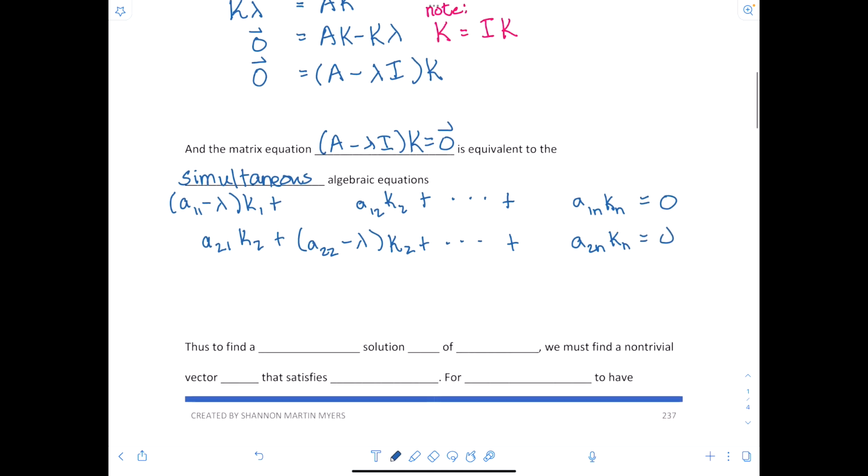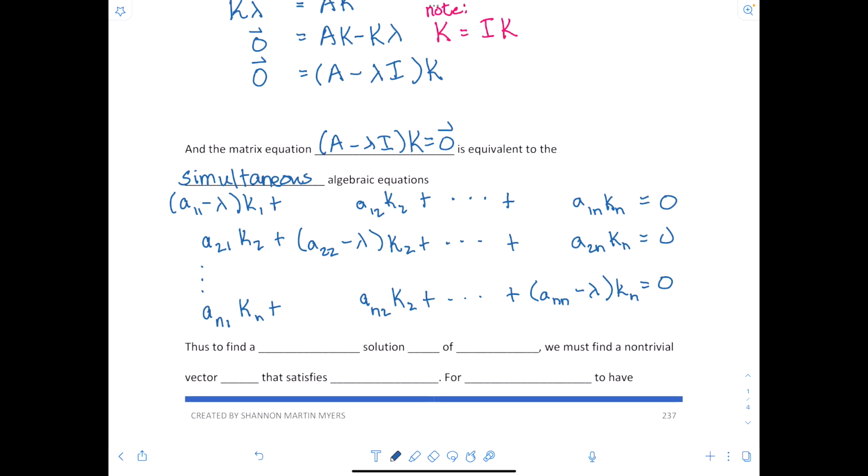It would go on in this manner all the way down until we had A sub n1 times K1 plus A sub n2 times K2 plus dot dot dot plus A sub nn minus lambda times K sub n is equal to 0.